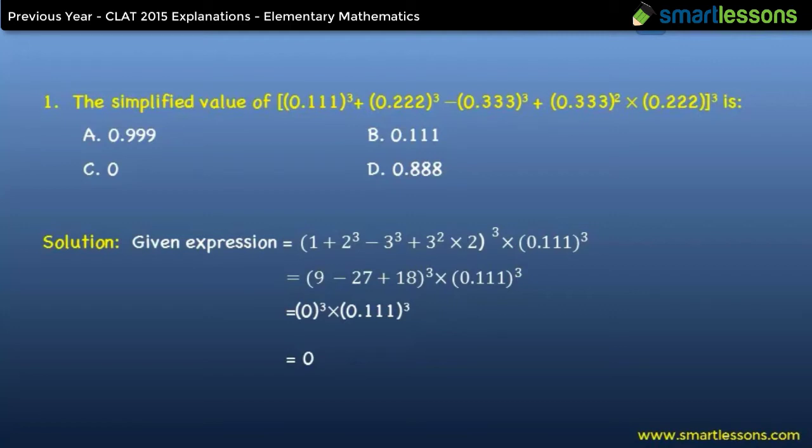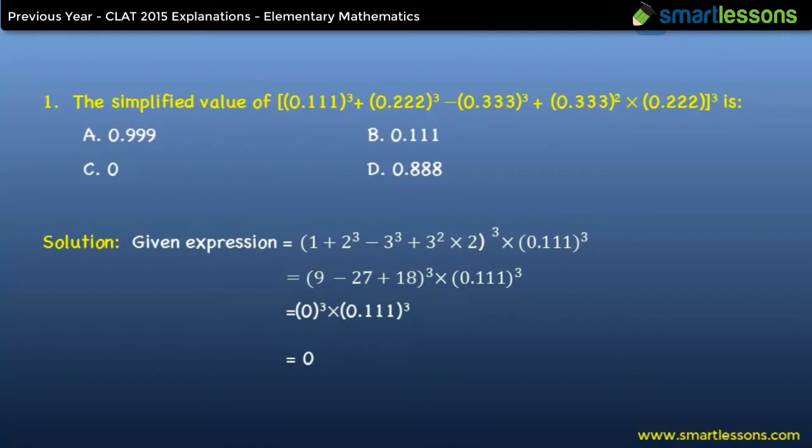Now how can you solve this sum in a more technical way? Of course it is not very feasible to carry out the calculation of 0.111 cube or 0.222 cube or whatever it is. If you start solving in the traditional way, you will end up killing your time.